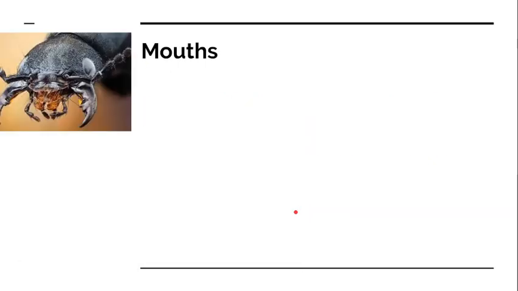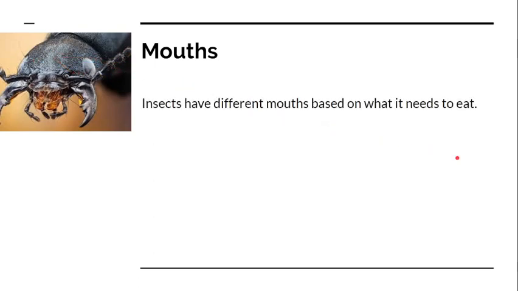From there, we look at the mouths of an insect. And so these mouths are not very appealing, obviously, but they have very, very important purposes. You see even the sensilla on this right here, these little hairs and things like that coming out. Now, insects have different mouths based on what they need to eat.